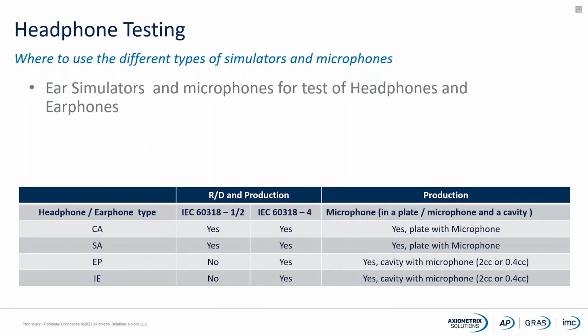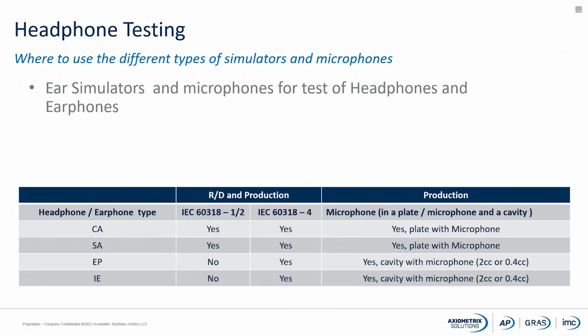In production, we will very often go for cheaper solutions. If we would like to test over the ear and on the ear, then we can use a plate with a microphone mounted inside the plate.